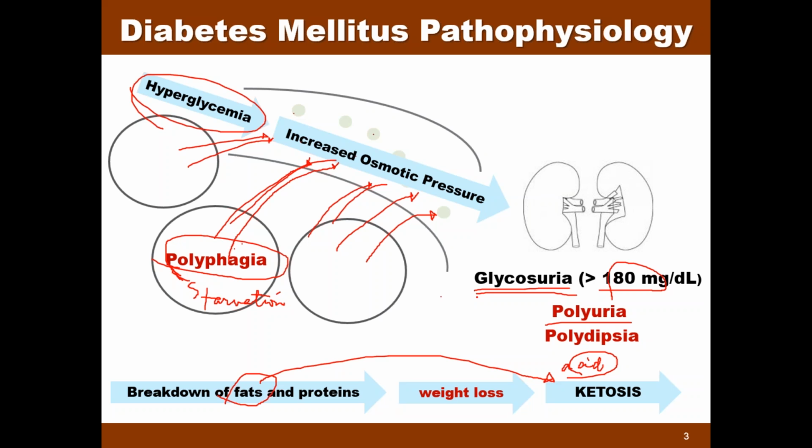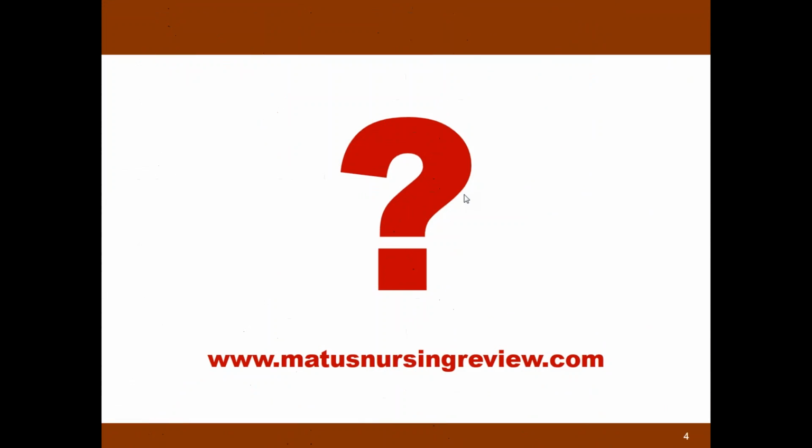You have to really understand why the 3 P's develop, and also understand the reason for breaking down the fats and proteins into glucose, and what's the complication of that. So this is a very quick explanation of the diabetes mellitus pathophysiology. I hope that when you take your NCLEX, you will be able to use these concepts in answering the questions.